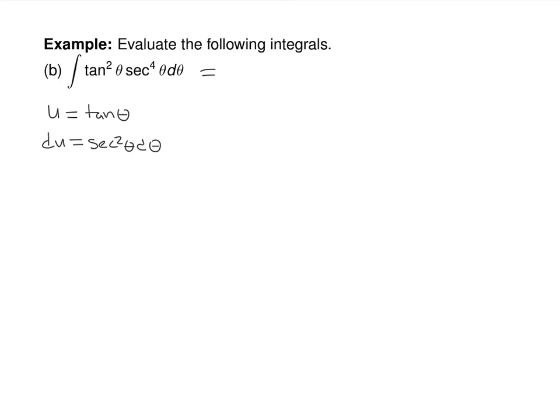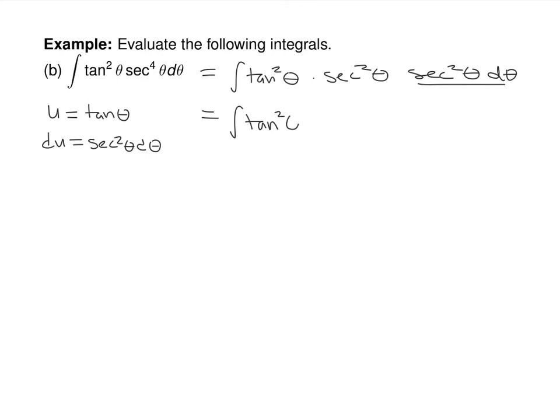So think about breaking this into tan squared theta, secant squared theta, secant squared theta d theta. Now that part's being saved to be the du. Secant squared theta is tangent squared theta plus 1, times secant squared theta d theta.